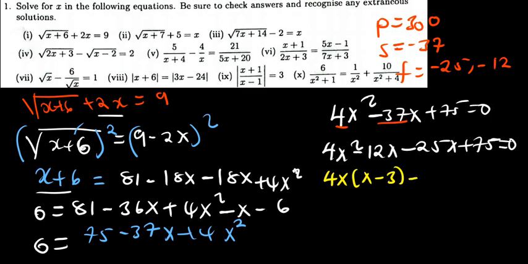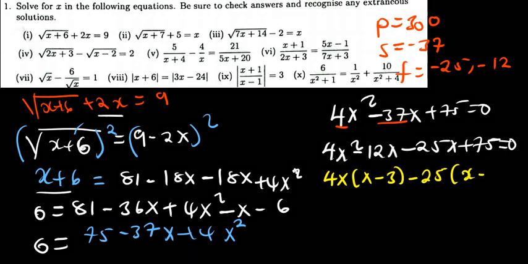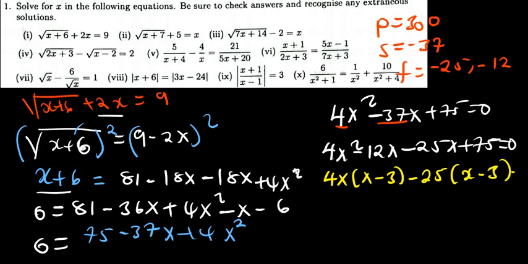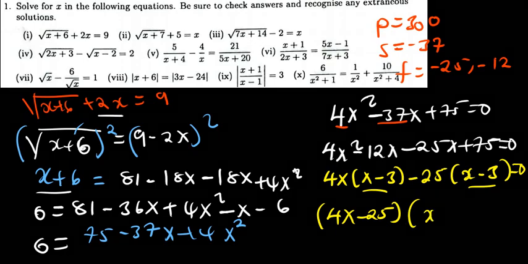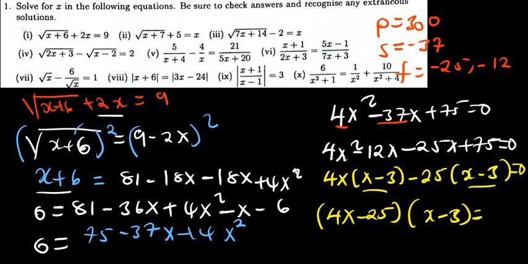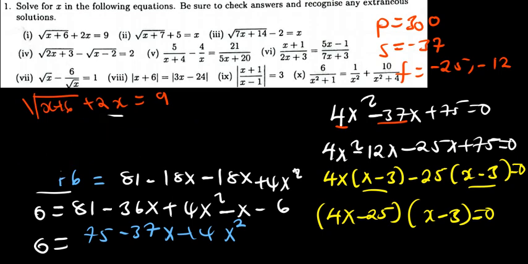Here I'm going to factor out negative 25, so I remain with x minus 3. Since these brackets are the same, we just get 1. So it will be now 4x minus 25, then again x minus 3, is equal to 0.